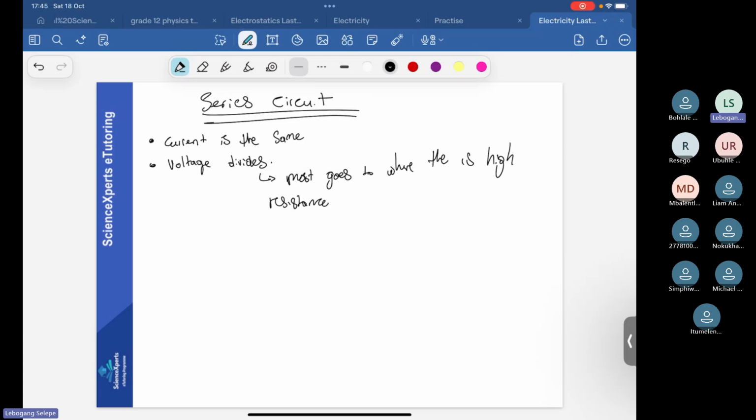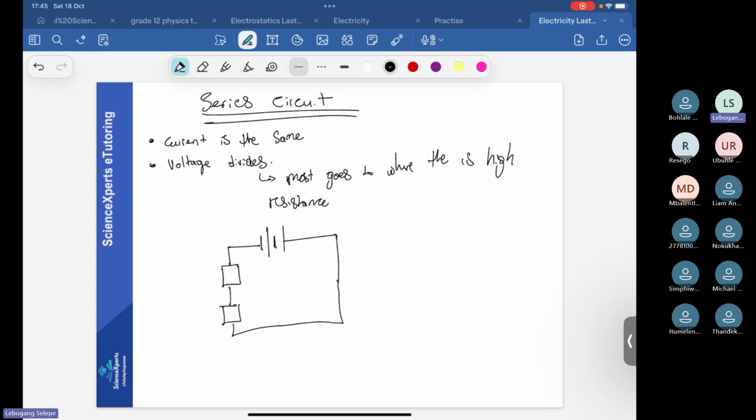So let's just draw a simple series circuit. This would be your cell or your battery, with the wires connected like that. Then you have a resistor here and another resistor there, and as you can see, between resistor 1 and resistor 2 there is no branching.